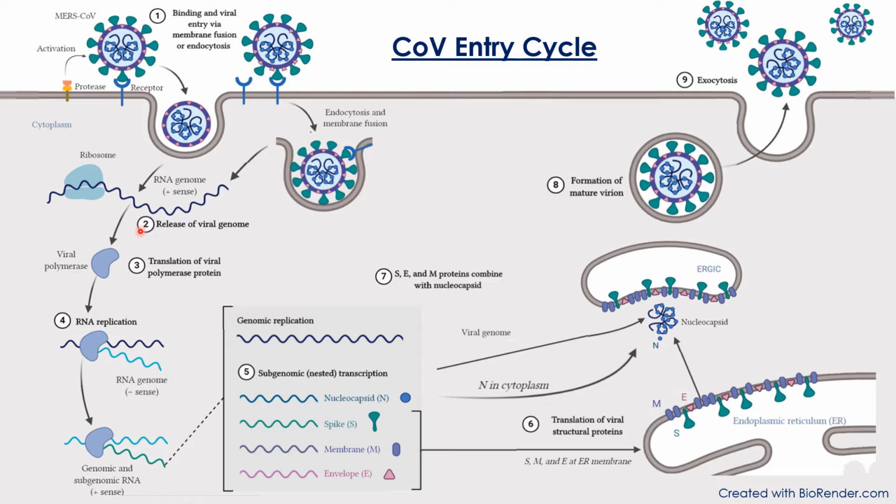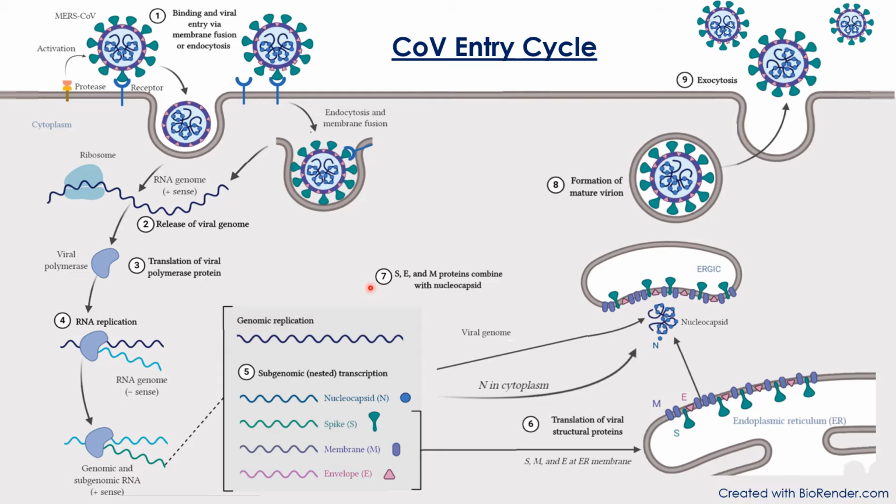Once the viral polymerase has been produced, RNA replication takes place and the negative sense RNA genome is formed, and again the positive sense subgenomic RNA is formed. This subgenomic RNA contains the information for encoding various other structural proteins, which are nucleocapsid, spike, membrane, and the envelope protein.